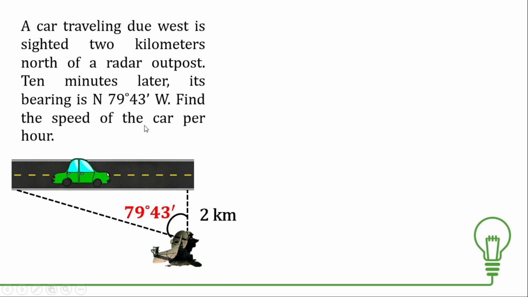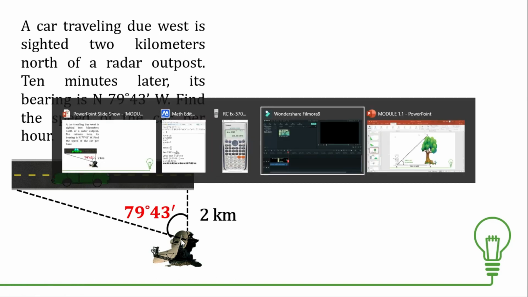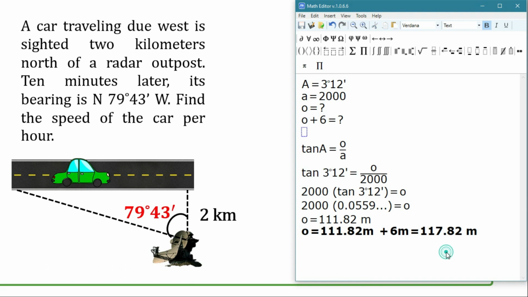So how are we going to find that? First things first, what we need is the speed. Our speed will be represented by the opposite side prior to our given angle. Let us first state the given.